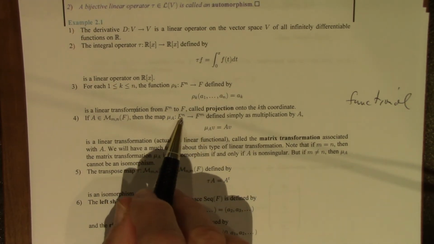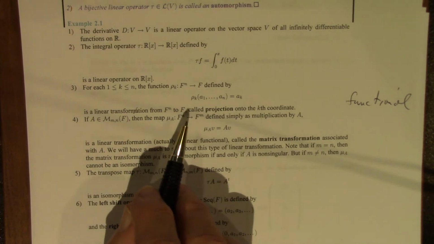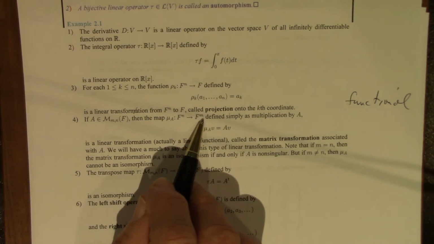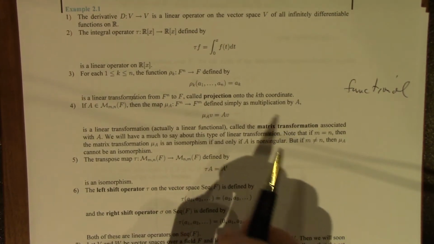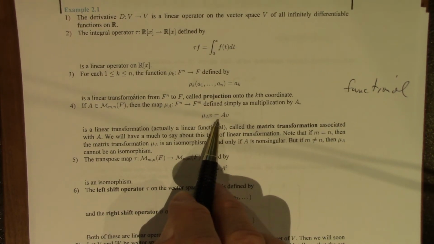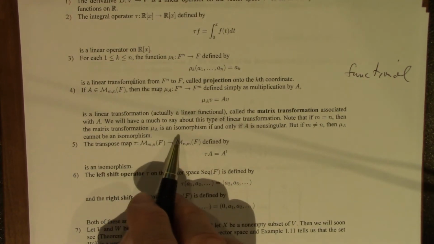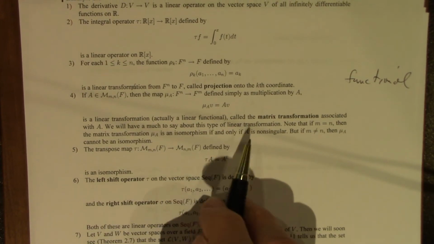Be careful here about the parameters m and n. This is an m by n matrix, yet it maps Fn to Fm. This is called a matrix transformation, and we will, as I say, discuss this at some length.